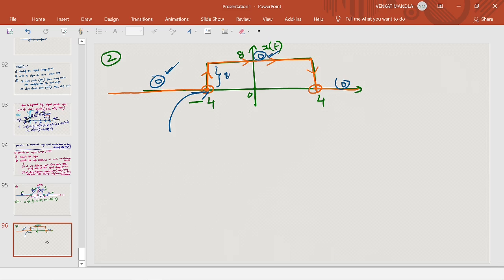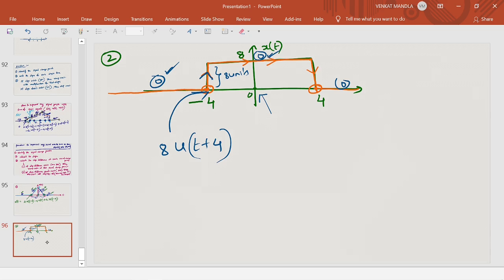That is 8 units step. This is increasing, and an increasing step means plus 8. 8 times u of t, but at t equal to minus 4, that is u of t plus 4. At t equal to 0, it is not a signal change point because it is constant from minus 4 to plus 4.